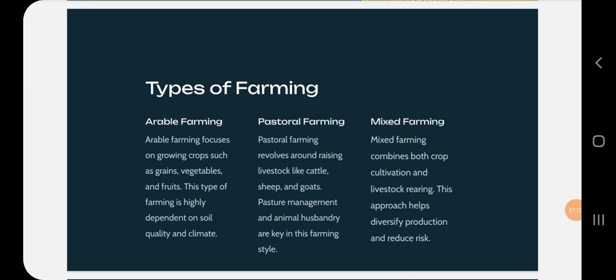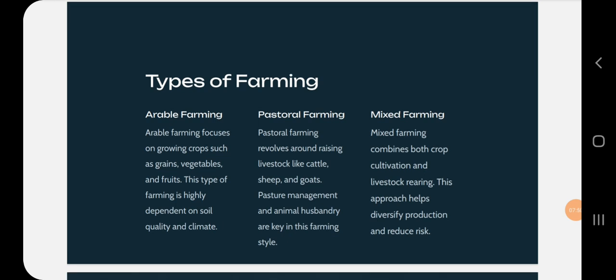Pastoral farming revolves around raising livestock like cattle, sheep, and goats. Pasture management and animal husbandry are key in this farming style. Mixed farming. Mixed farming combines both crop cultivation and livestock rearing. This approach helps diversify products and reduce risk. There are more types of farming, for example, dairy farming.